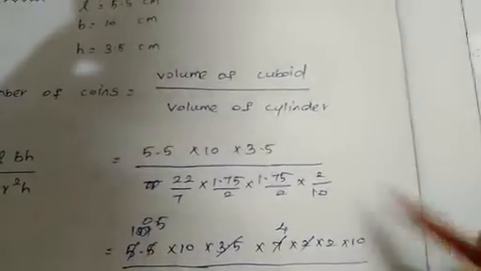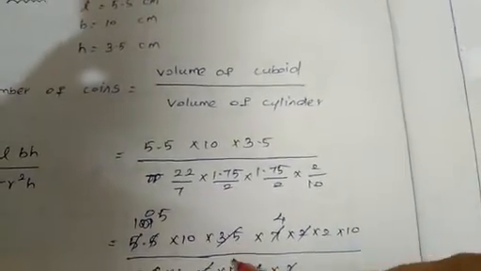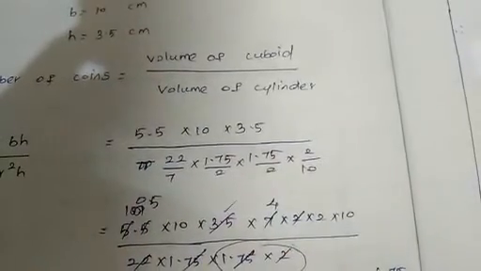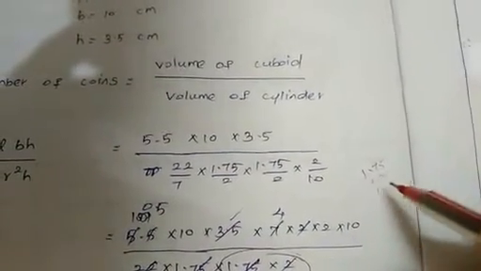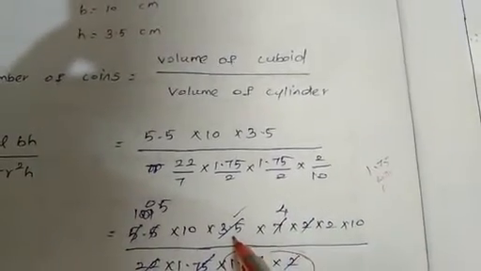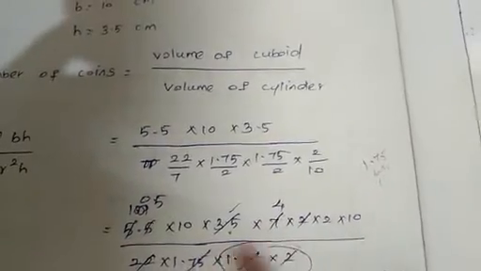Here 1.75 is nothing but 3.5 divided by 2. So 1.75 into 2 is 3.5. We can cancel. So 4 times 1.75 is nothing but 7, because 1.75 into 2 is 3.5, and 3.5 into 2 is 7. So we can cancel this as 4.